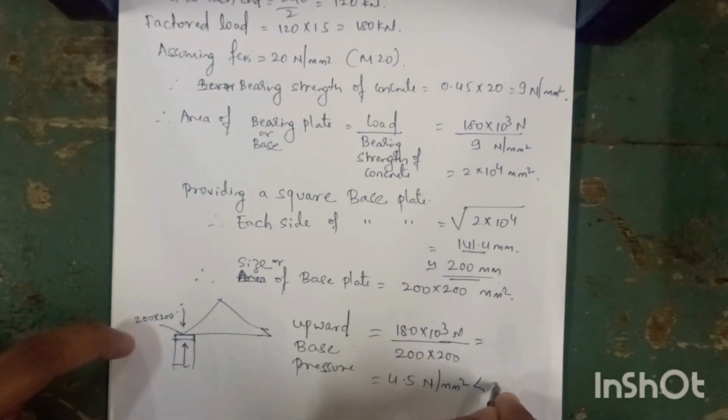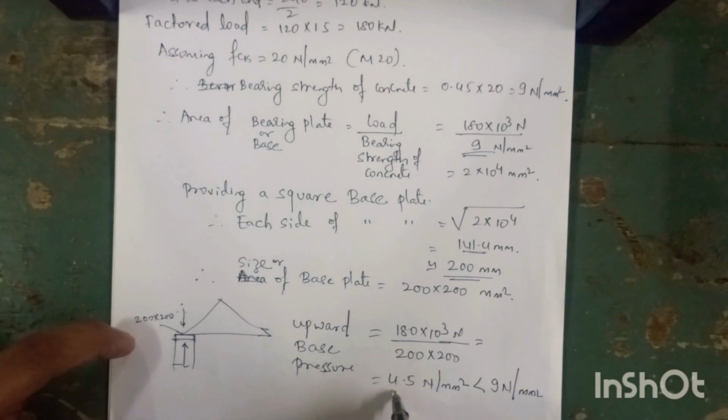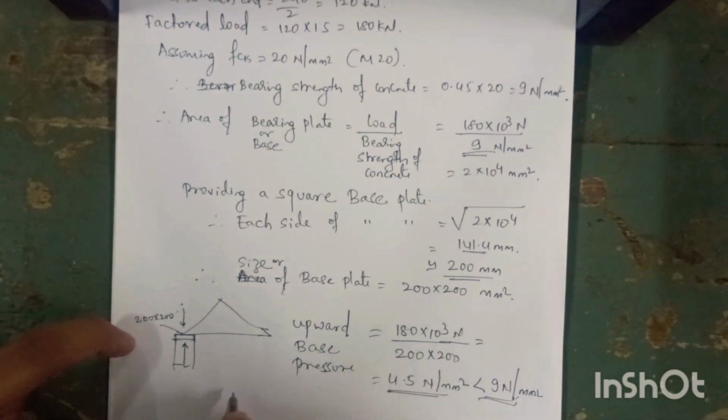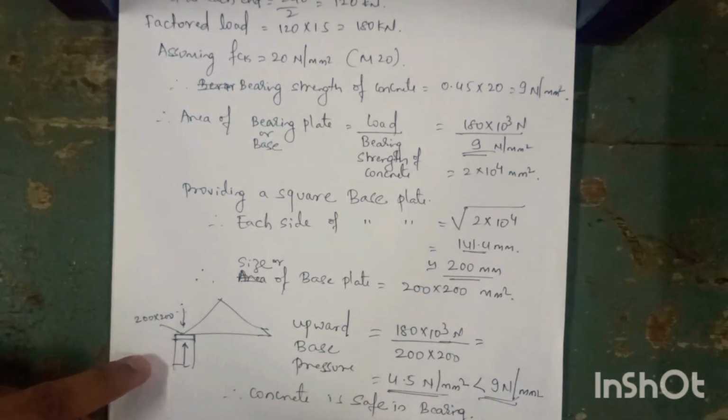The permissible bearing pressure is 9. So the actual base pressure is 4.5, which is less than the permissible bearing pressure. Therefore the concrete is safe in bearing.